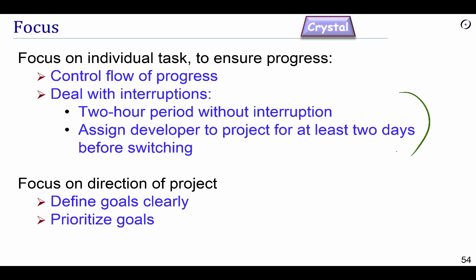He also criticizes the current practice of switching developers from project to project or from task to task too often. So, for example, assign a developer to a given project for at least 2 days before switching. Actually, 2 days doesn't seem that much to me, and here I would go further than him and say make sure that people are not switched from project to project more often than every few weeks.